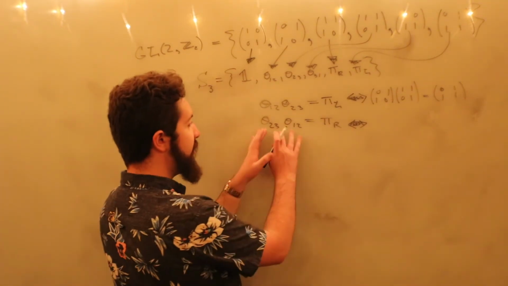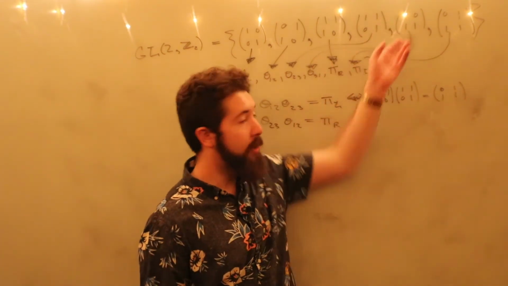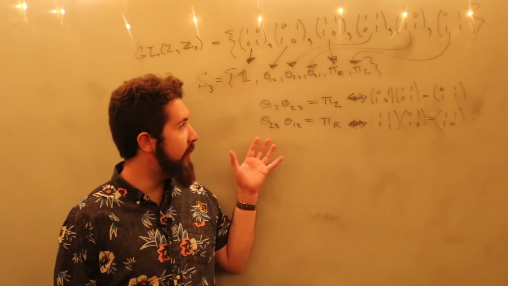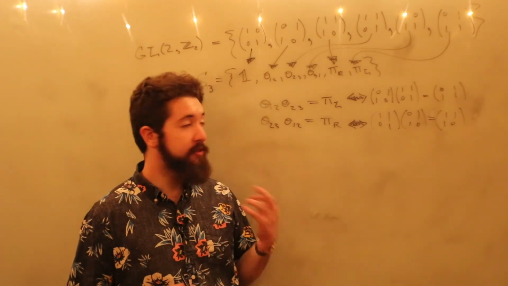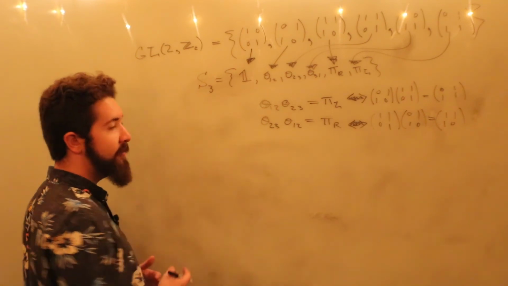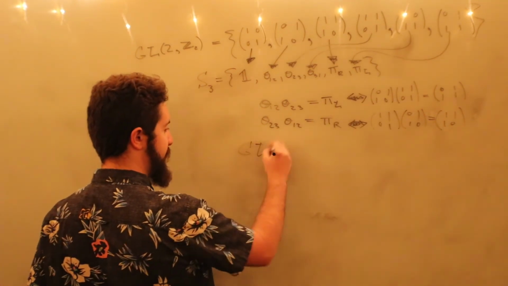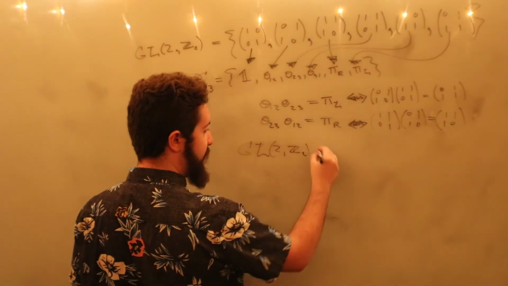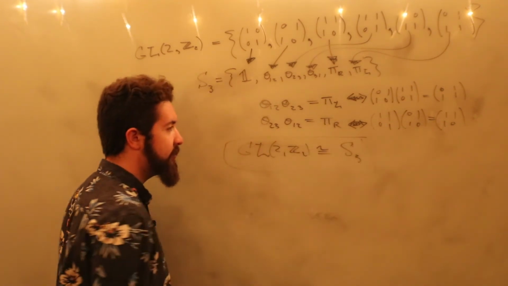Similarly, you will see that if you flip these two, you're going to get the opposite thing, which has got to be pi R. Alright, so once we've gone through and verified that every product is preserved, then it is true that this mapping is going to be an isomorphism. And even if I fudged the details, which I don't think I did, but just saying, we're going to find GL of 2, Z2 is isomorphic to the symmetric group on three symbols.